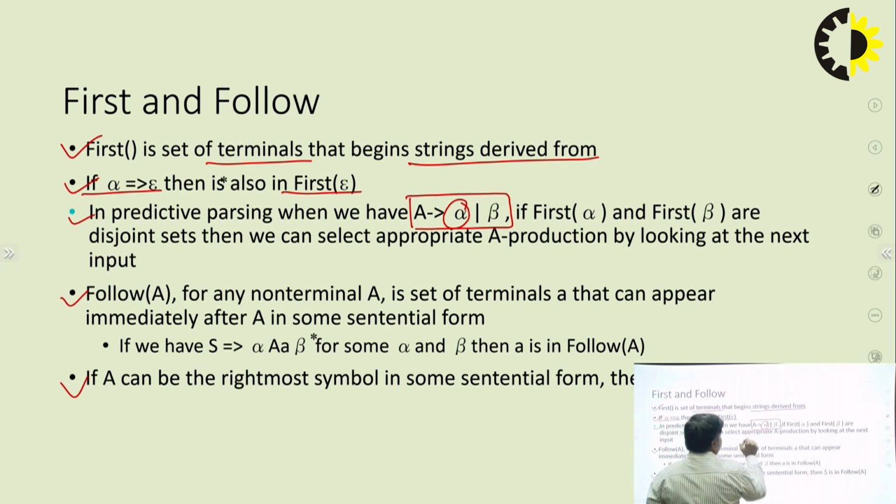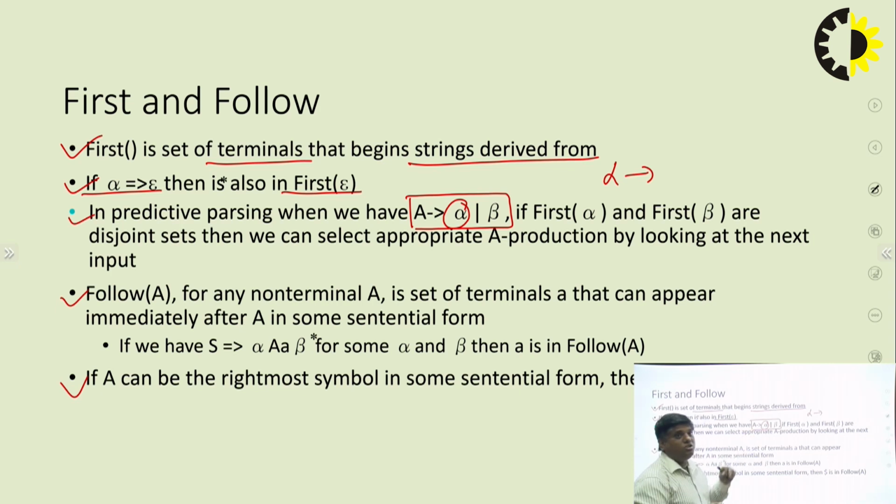Suppose a production has two rules: A tends to alpha, A tends to beta. If alpha is a terminal, then alpha is the First of this production rule.